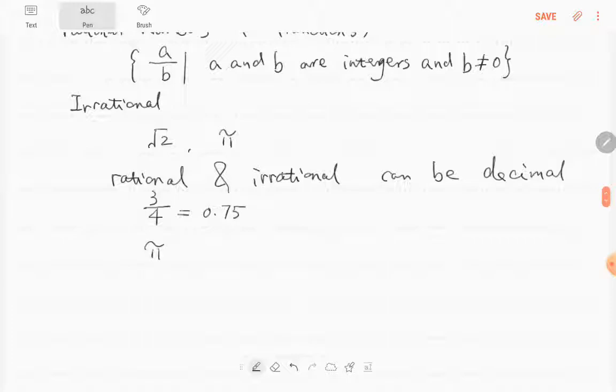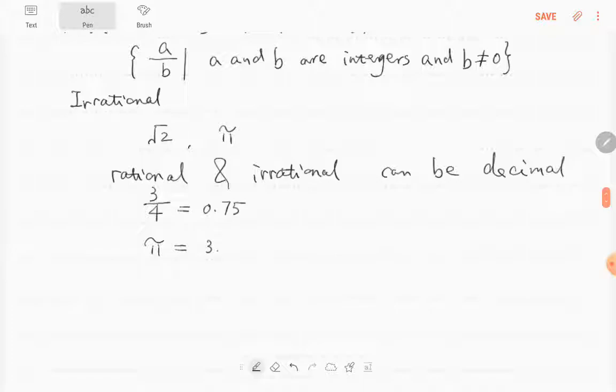Pi is an irrational number, and we can also use a decimal to express it. Something like that. Okay, so both irrational numbers and rational numbers can be written as decimal numbers.